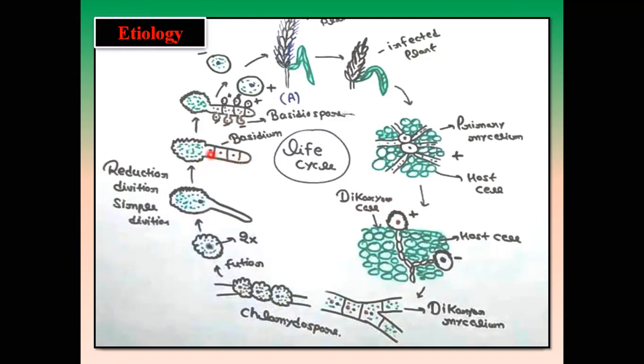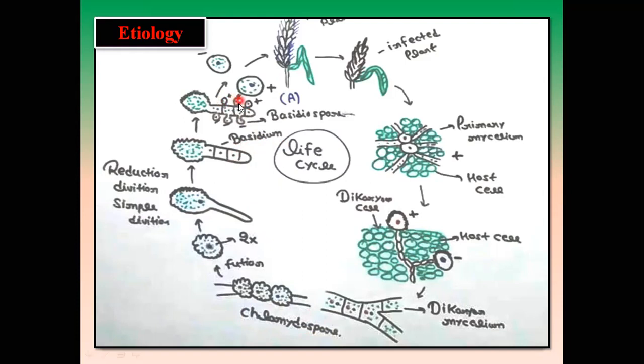This four-celled promycelium is produced after the germination of the chlamydospores, and it is also known as the basidium. This basidium produces the four types of basidiospores.